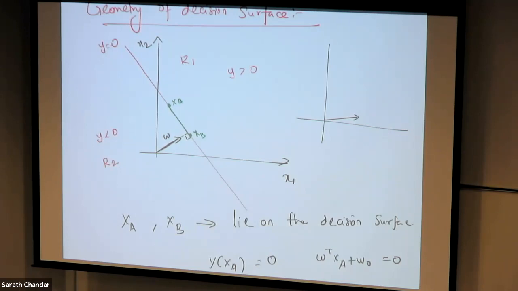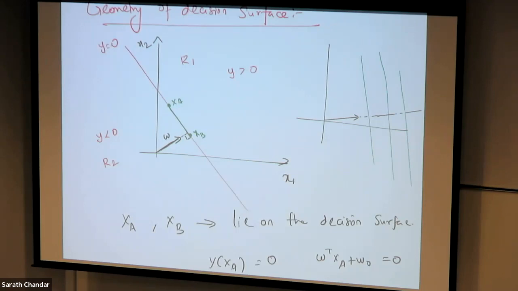It is going to be perpendicular to this line. It could be either this, or this, or this. We don't know which, but we know this is the direction for my decision surface.